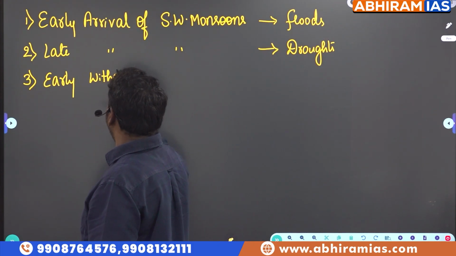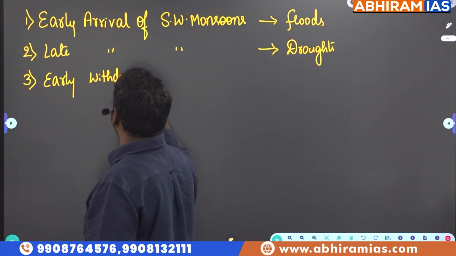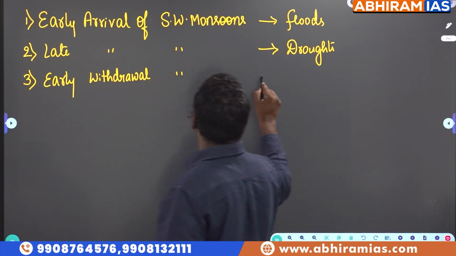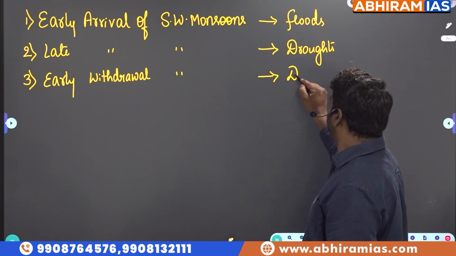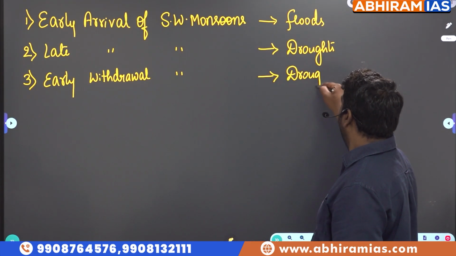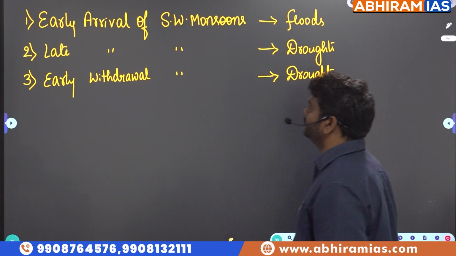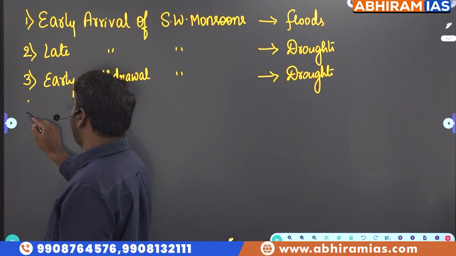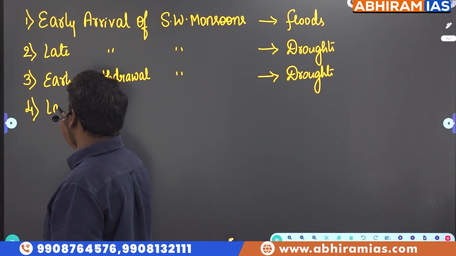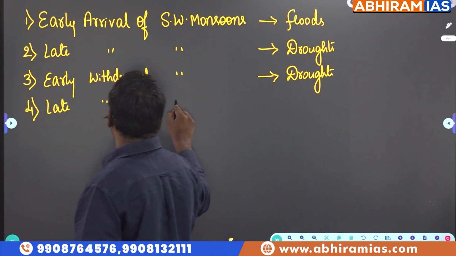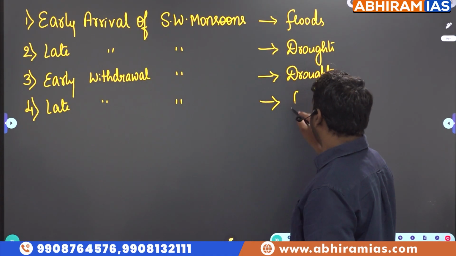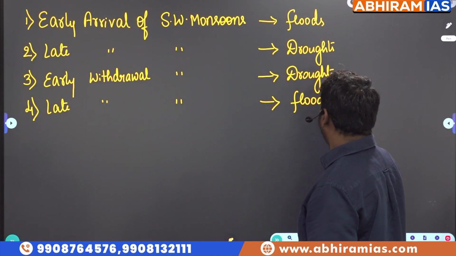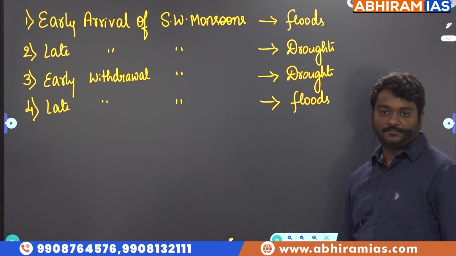Early withdrawal leads to droughts. If it goes quickly, there will be droughts. Late withdrawal leads to floods.